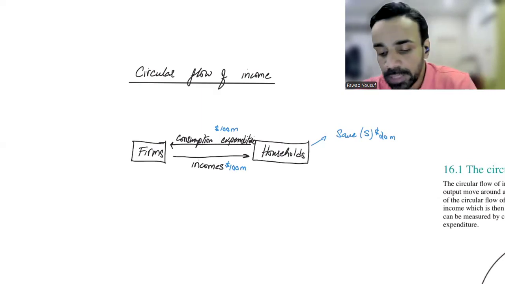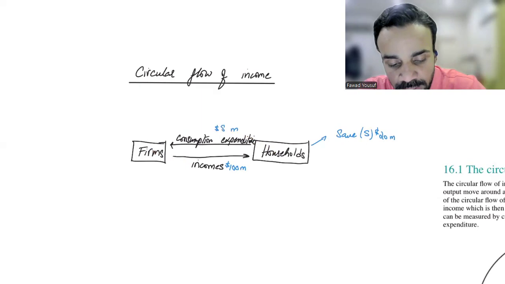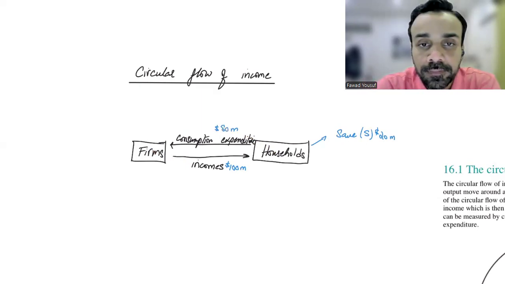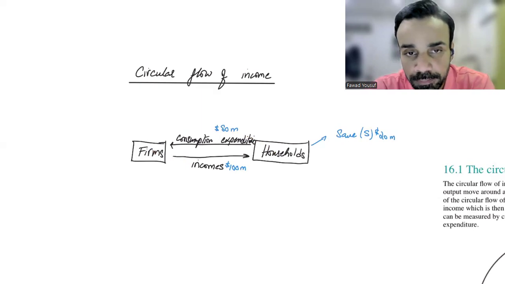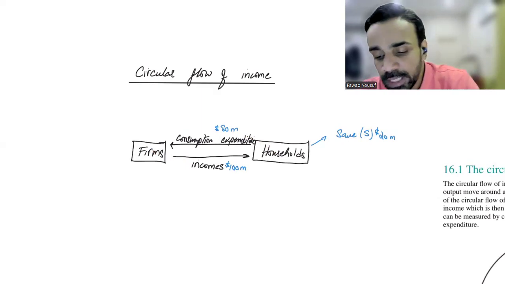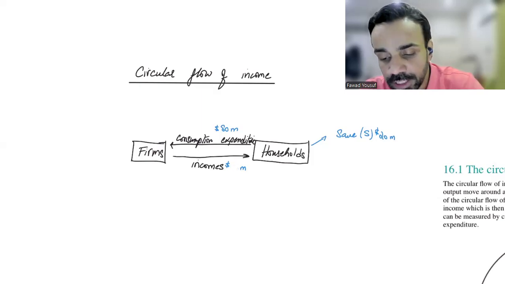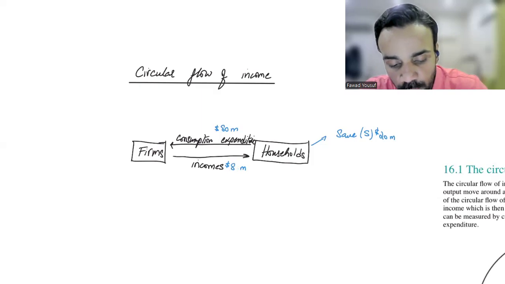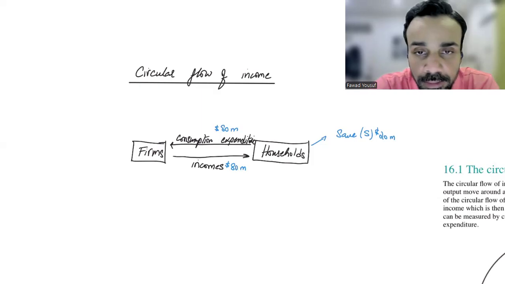So now the problem that has happened is that the consumers, instead of spending the entire 100 million, they've spent about 80 million. And so now the firms have only gotten 80 million. So future में क्या होगा? The firms will only produce 80 million worth of goods and services, and they will pay the incomes for the factors used as 80 million.